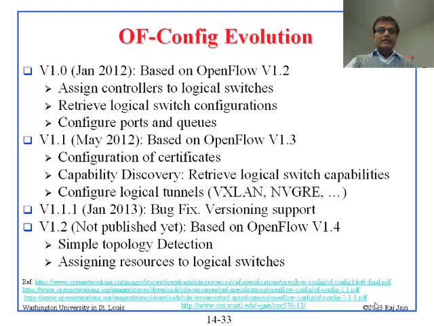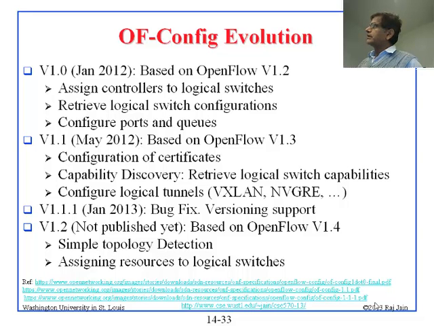None. So just like OpenFlow, OF config is evolutionary. Basically, it keeps changing. Version 1 was based upon OpenFlow version 1.2, and it was limited to ports and queues. Version 1.1 added certificates, security, and even added tunnels.